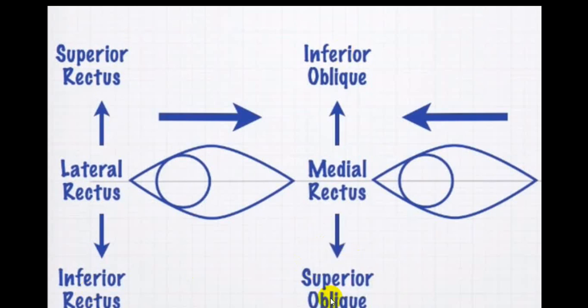Inferior oblique and superior oblique, you can see that they move medially as well: inferior oblique will be upward and adduction, and superior oblique will be downwards and adduction. So that will be the different movements.